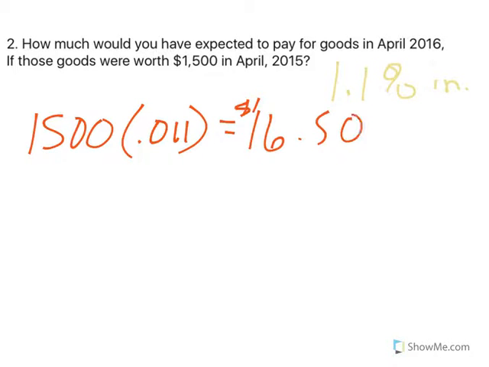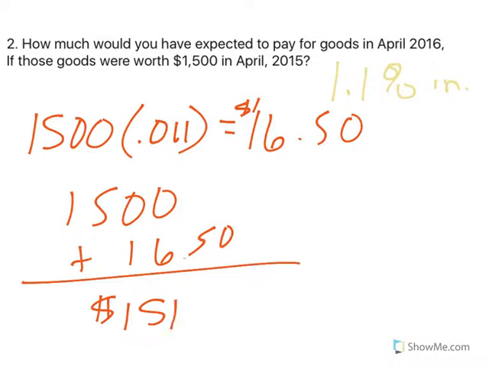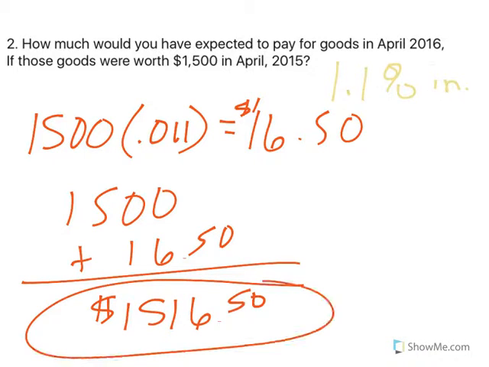That's a $16.50 increase. So $1,500 plus 16.5 gave us $1,516.50. That's how much they would cost in 2016 if they were $1,500 in 2015 because of the 1.1% inflation increase.